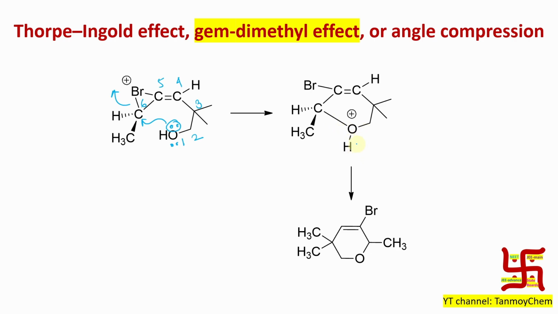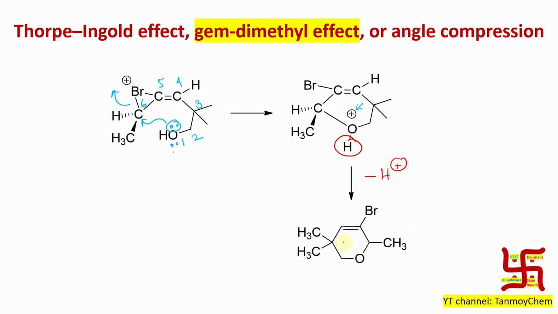So in the next phase, what will happen? See, this oxygen atom was neutral and carrying a lone pair. Now this neutral atom gave its electron density to this carbon atom. So obviously, it will have a deficiency which is designated by this positive charge. Now a positive charge on an electronegative oxygen atom is not that stable, not permanently stable. So what will happen? Next step, it will release this H plus and form this cyclic ether.